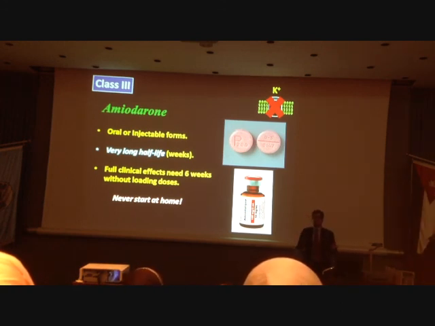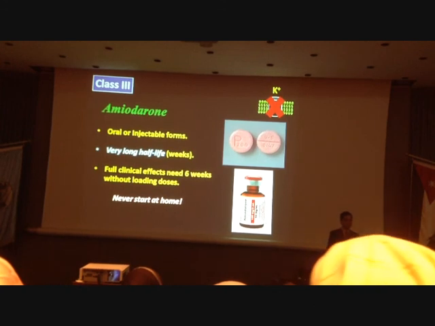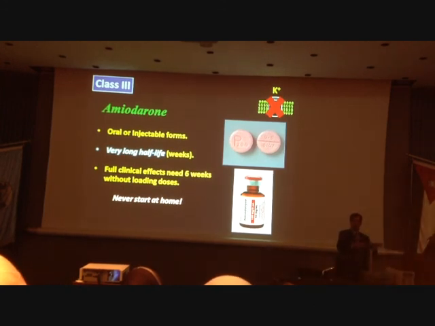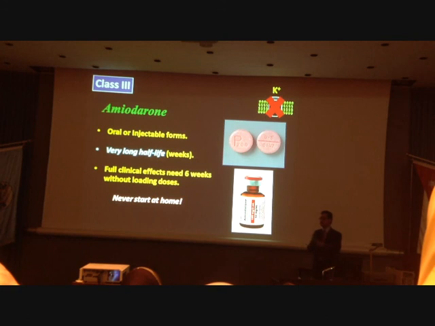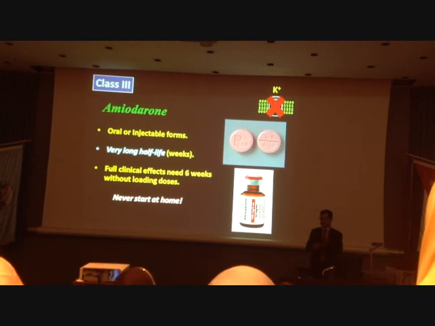Six weeks is a very long time. It's actually related to the fact that this drug concentrates within adipose tissue, and then it starts going into the bloodstream. So whenever you inject it or give it by oral form, it just goes into the adipose tissue and starts going up gradually, and that's why it takes a very long time to get a clinical effect.